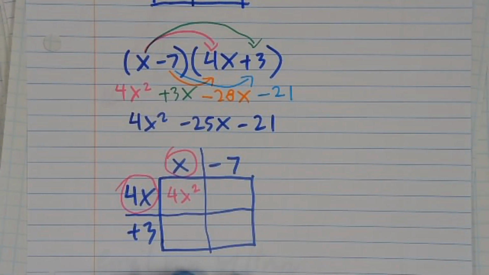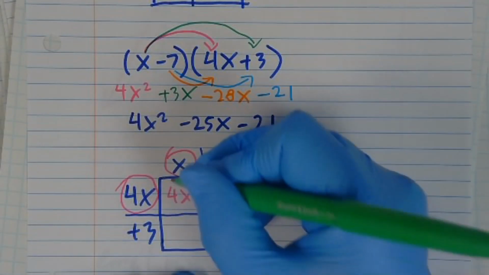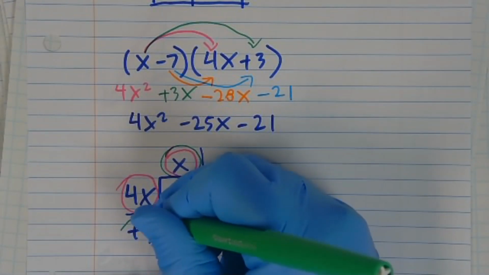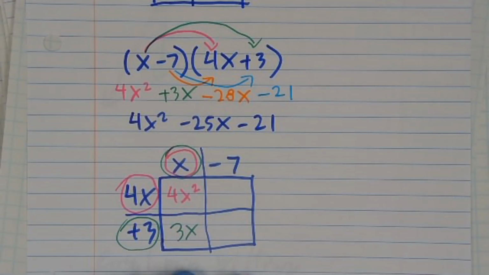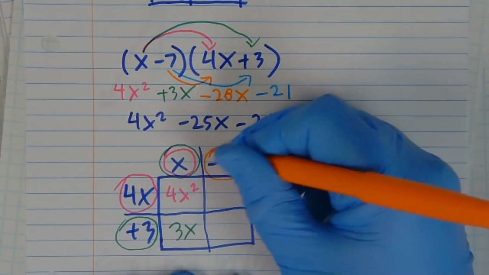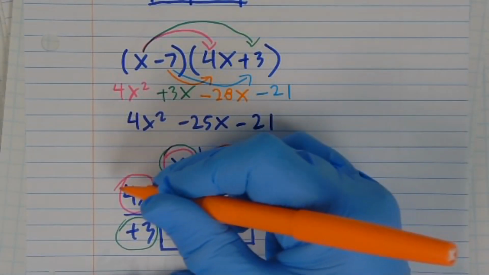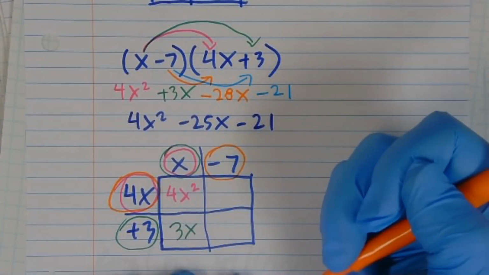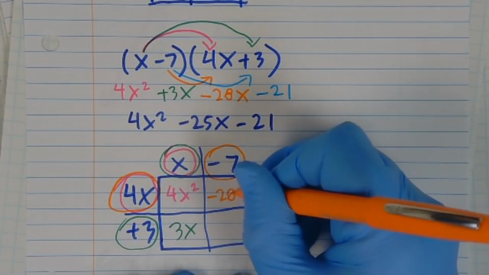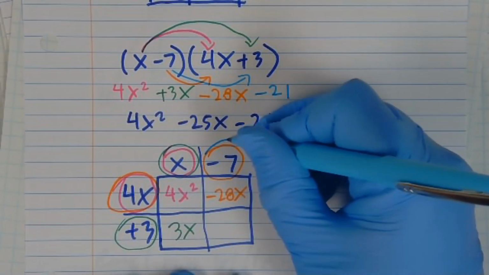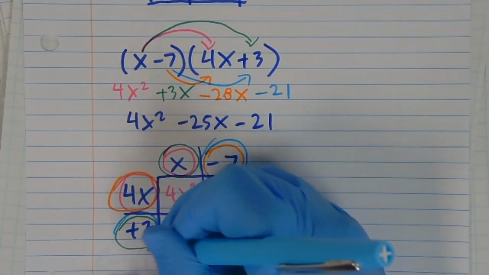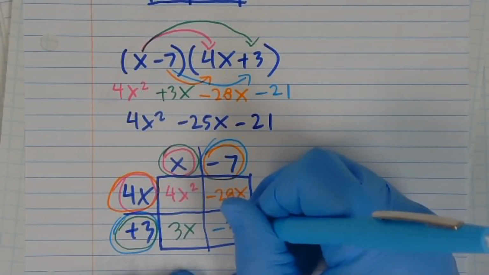I have x times 3, and that gives me 3x. I have negative 7 times 4x, and that gives me negative 28x. And I have negative 7 times positive 3, and that gives me negative 21.